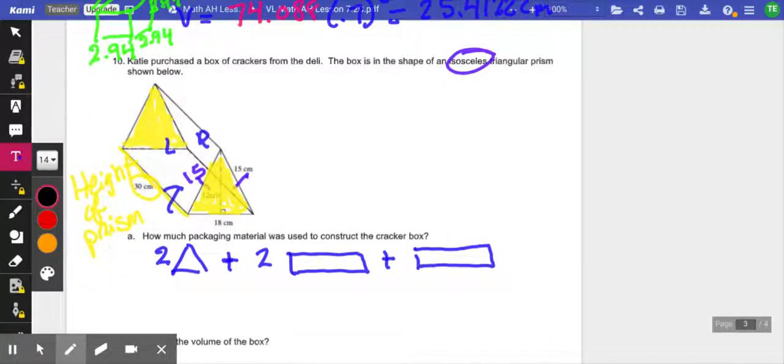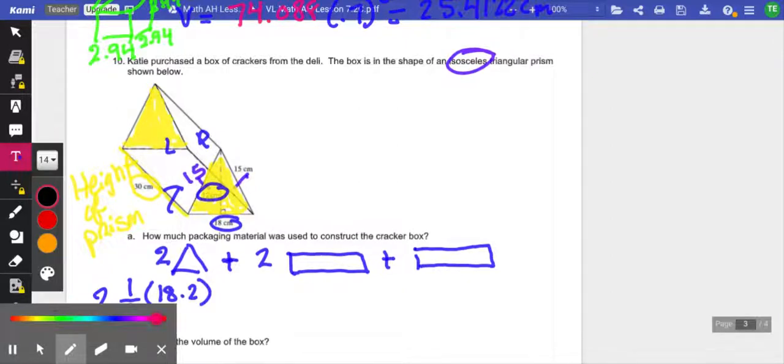Okay, so to find the area of the triangle, I have two of them. And area of a triangle is 1/2 base times height. So 1/2. The base of the triangle is 18, and the height of the triangle is 12. So I have 18 times 12. Okay, my left and my right rectangles are 30 by 15.